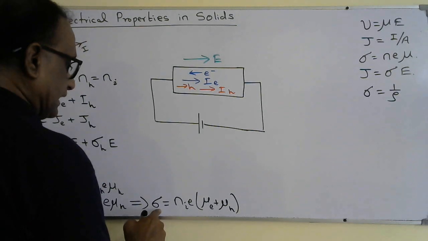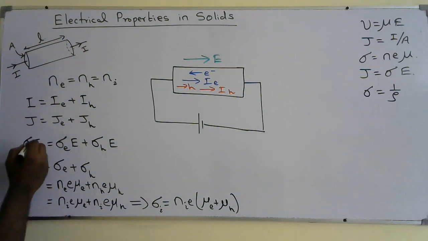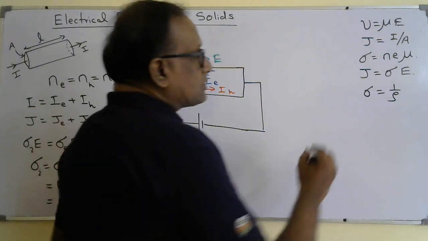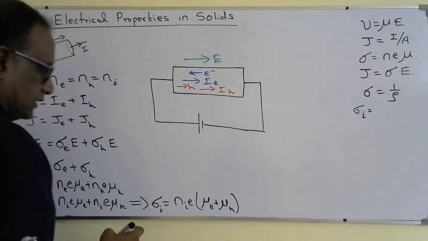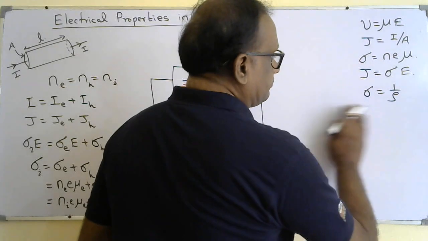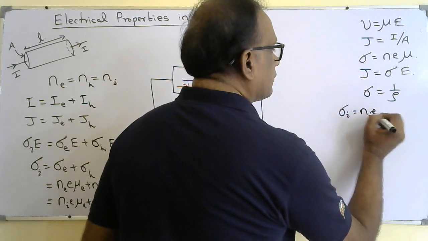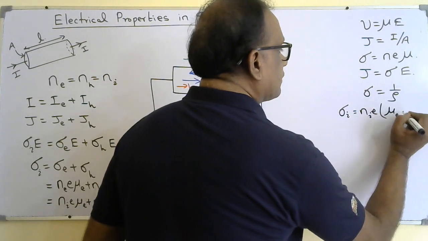So this is the conductivity of an intrinsic semiconductor. So sigma i for an intrinsic semiconductor will be equal to Ni e into mu e plus mu h.